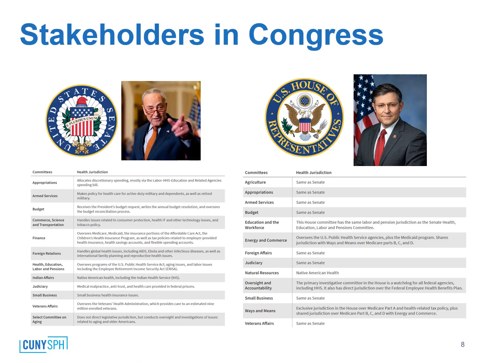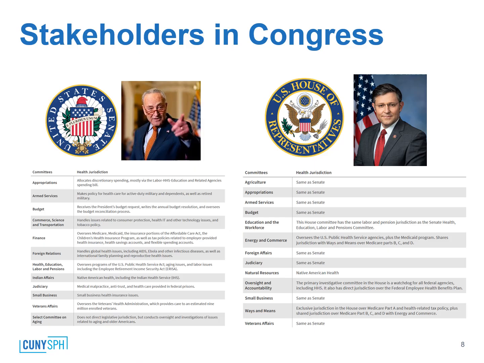In the House, the Ways and Means Committee handles Medicare Part A and tax-related health policy, while Energy and Commerce oversees Medicaid, the FDA, NIH, and the CDC, as well as sharing jurisdiction over other parts of Medicare. The Appropriations Committee then decides how much funding actually goes to these programs.